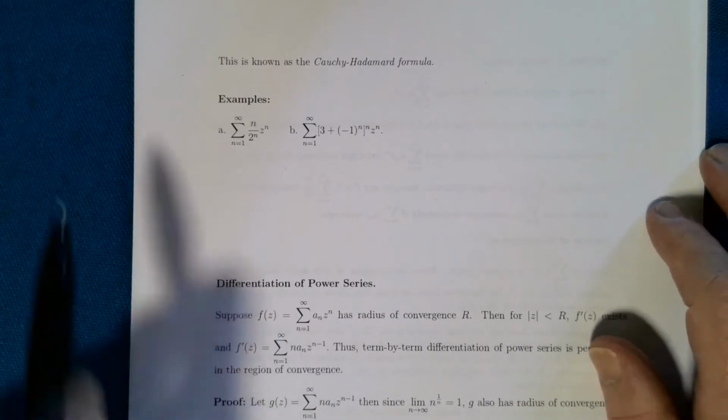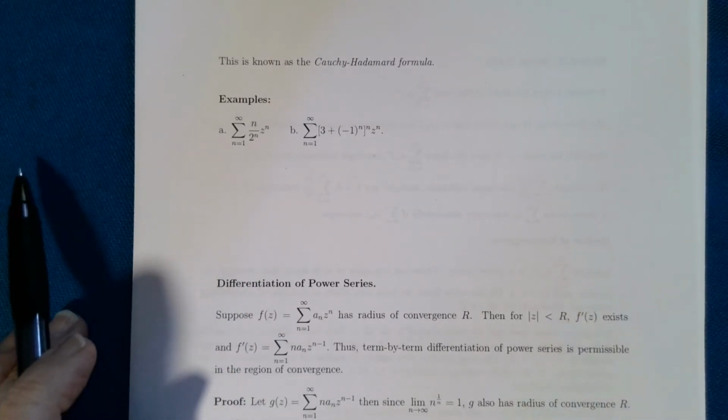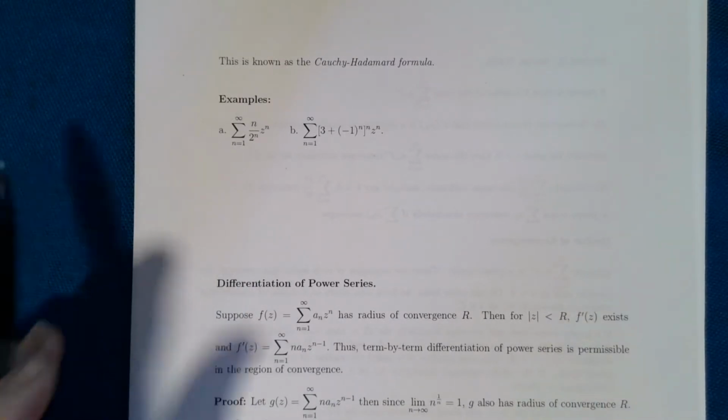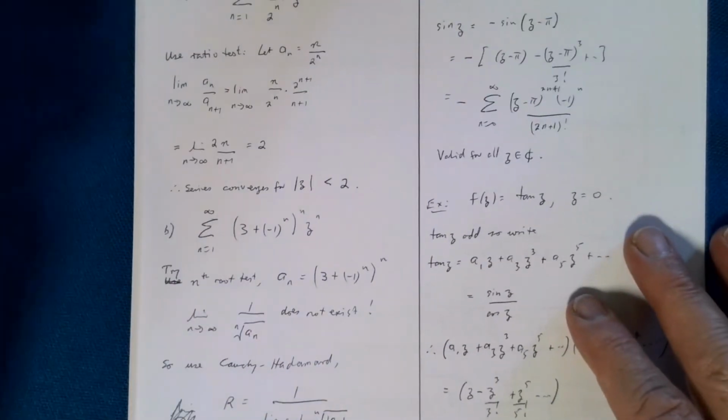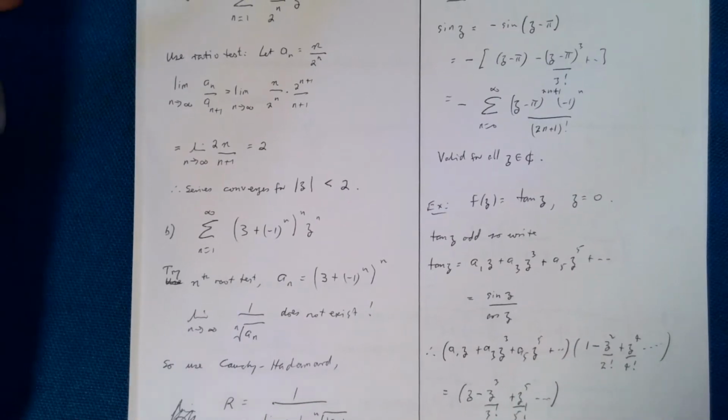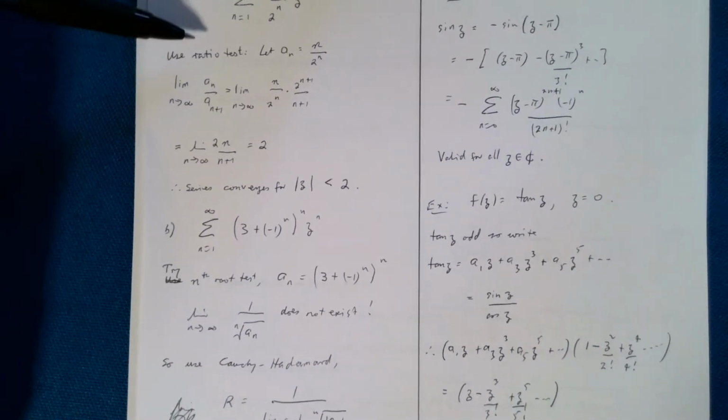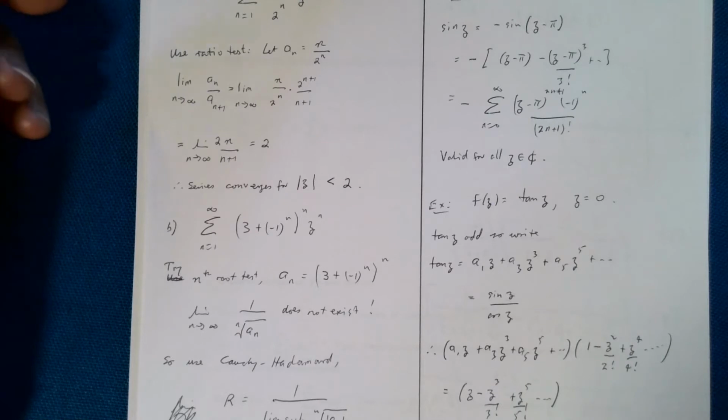And just to do a couple of worked examples here, using what we've had here. Looking at this one here, for example, we're going to use the ratio test for the first one. So we are looking at the sum n over 2 to the n z to the n.